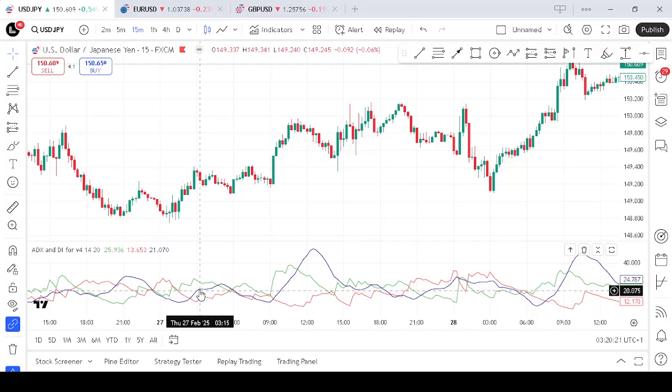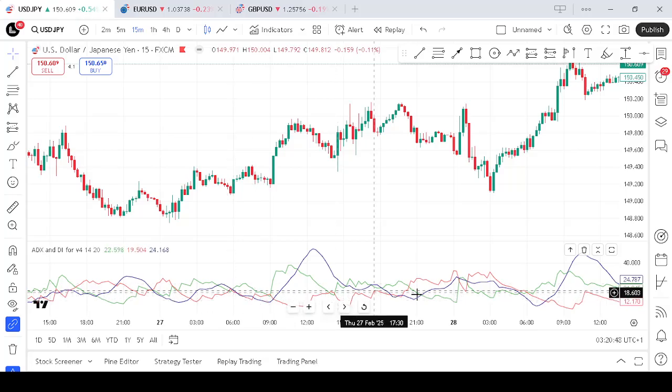The ADX line itself ranges from 0 to 100. The higher the value, the stronger the trend. An ADX reading above 25 usually signals a strong trend, while a reading below 25 suggests a weak or ranging market.